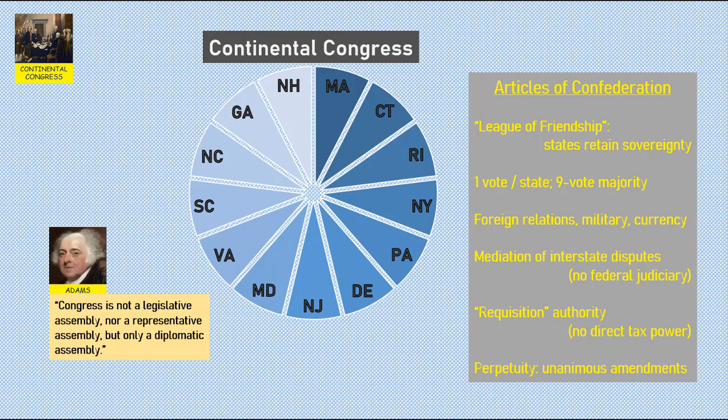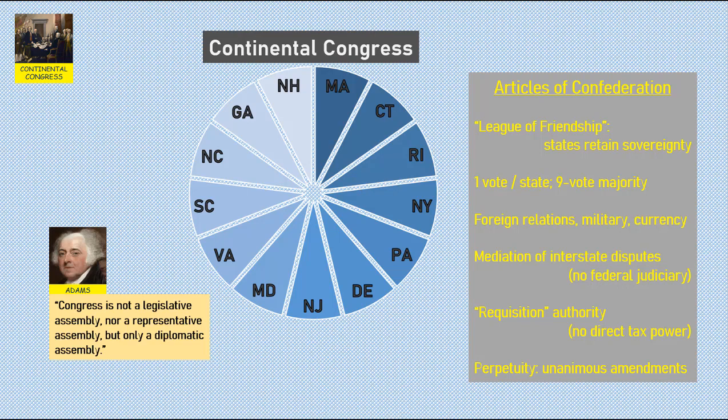As we prepare now to turn to John Adams's piece, A Defense of the Constitutions of the United States, we will see Adams describe the Articles of Government, he says, Congress is not a legislative assembly, it's not a representative assembly, but only a diplomatic assembly. And we'll see in there the reflection, again, this mirror image, the weakness of the Continental Congress, of the central government, reflects the strength of the state governments in obverse.